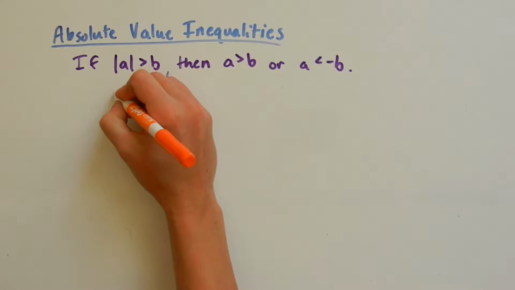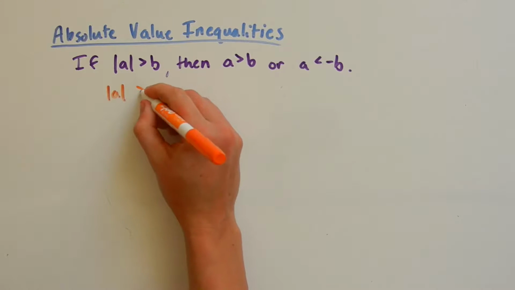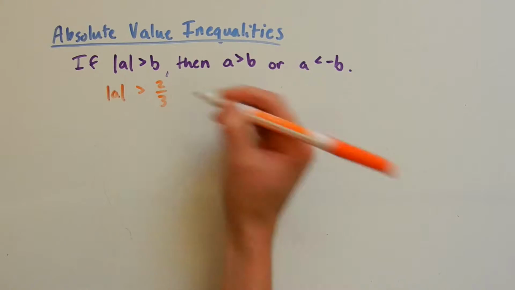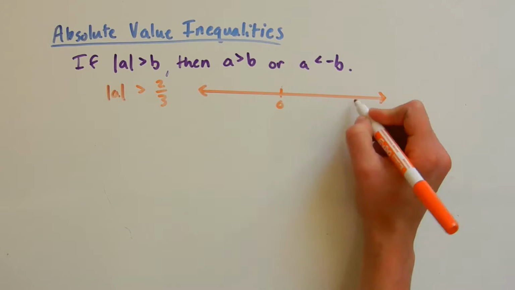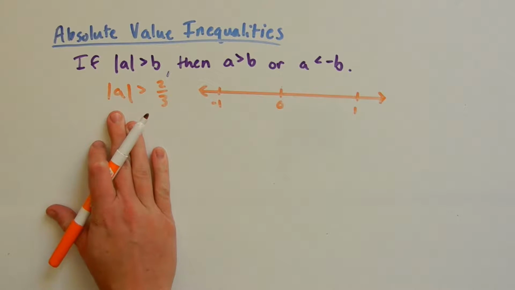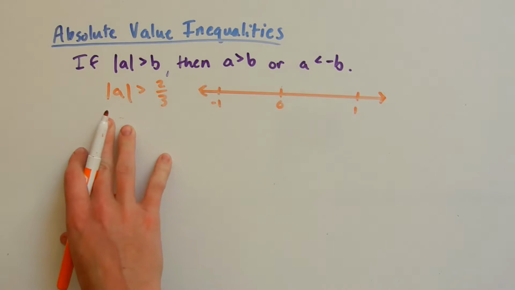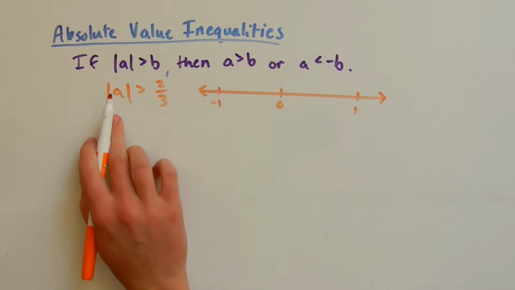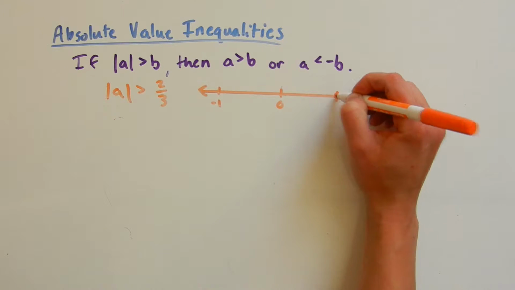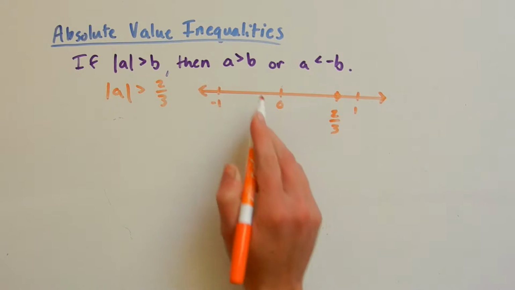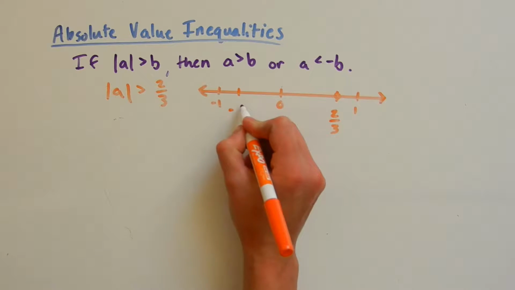Let's say that we have the absolute value of A is greater than 2/3. So the absolute value of A is greater than 2/3. That means if 2/3 is B, then A is greater than 2/3, so we'll mark 2/3, or A is less than negative B. Negative 2/3, we'll mark that.